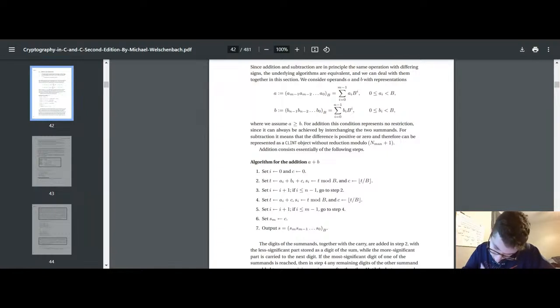T is now equal to 2. And then 2 mod 10 is equal to 2. So S of 3 is equal to 2. And now C is equal to 2 divided by 10, floored, which is back to 0. So that's cool how they're calculating the carry. They're just taking the floor. That's interesting. I've never seen that approach.